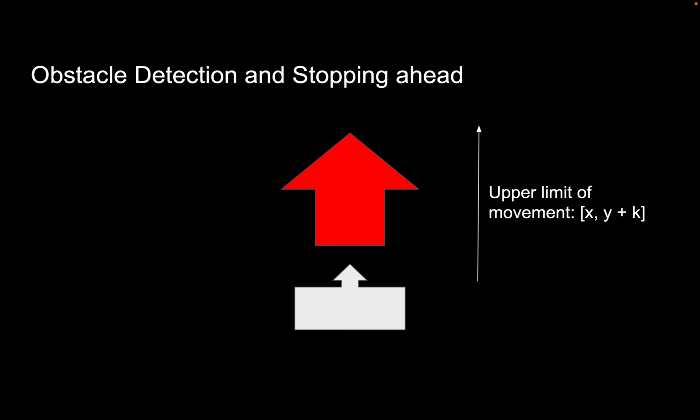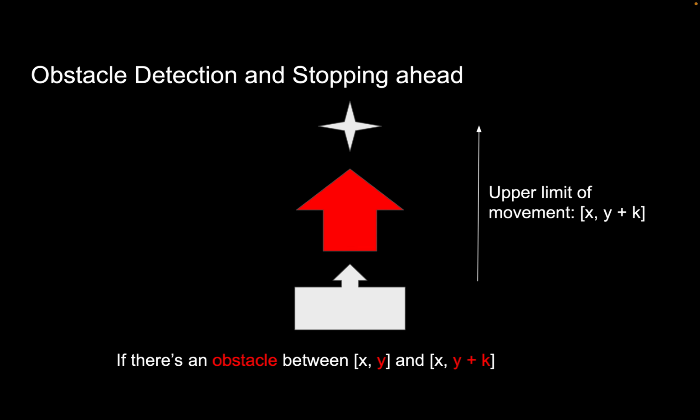So how do we handle the obstacle detection and stop ahead? We can notice that, in the case where we're moving upwards in a column, the upper limit of the movement is going to be (x, y + k). k is the maximum steps you can move, between 1 and 9 in the question.